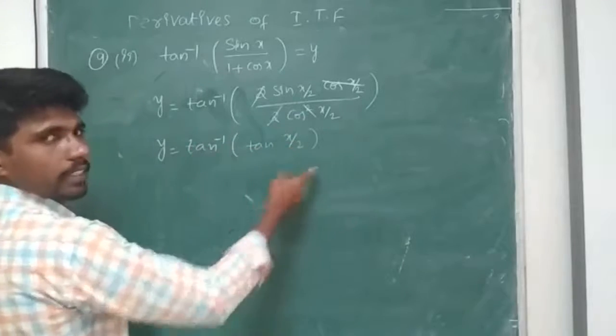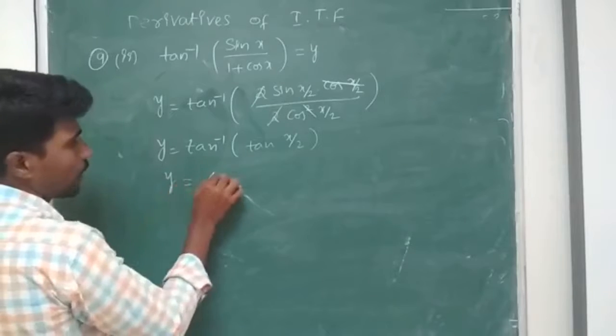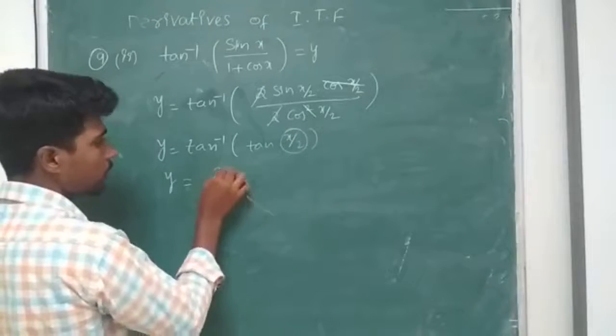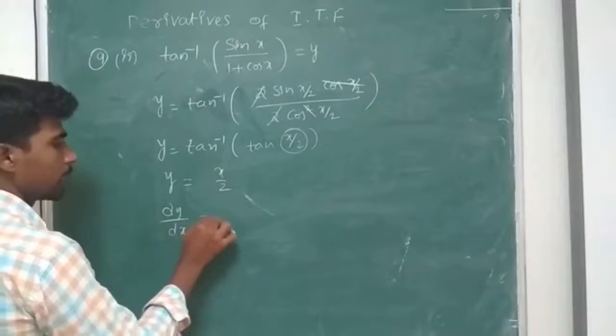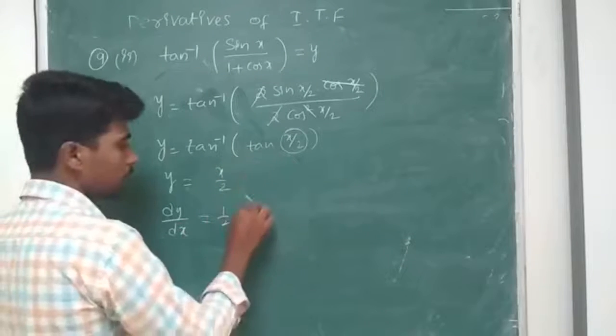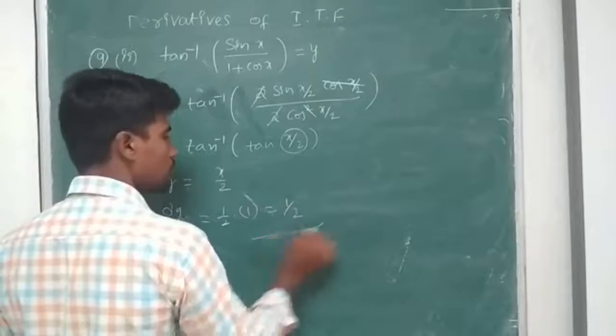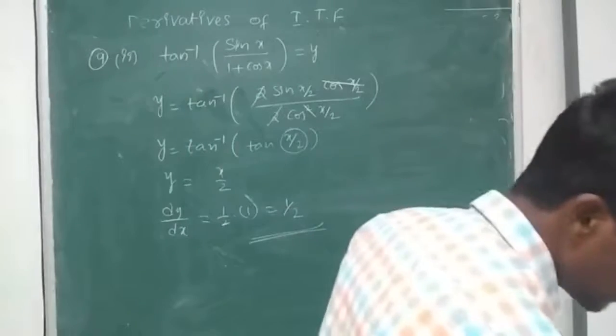So tan inverse of tan theta is theta, so y is equal to x by 2. Now dy by dx is equal to 1 by 2 into differentiation of x with respect to x is 1. So my answer is 1 by 2.